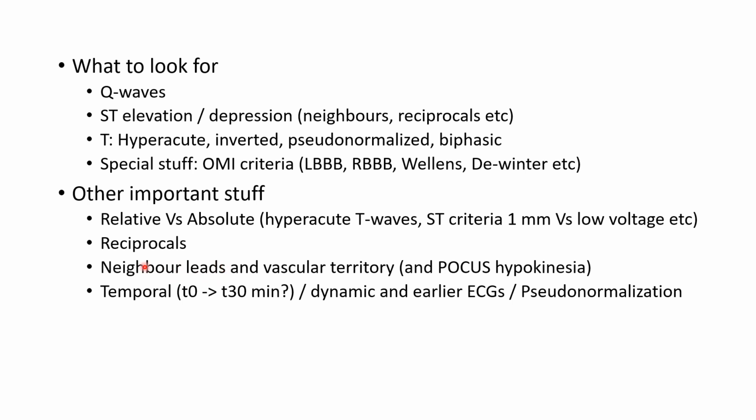And that's where the Cabrera ECG is quite good, because they line up the extremity leads, so we can see which ones are neighbor leads. In the perfect world, we want the history and the vascular territory of the ECG to fit with our POCUS hypokinesia as well. And that should fit with the PCI diagnosis, right?